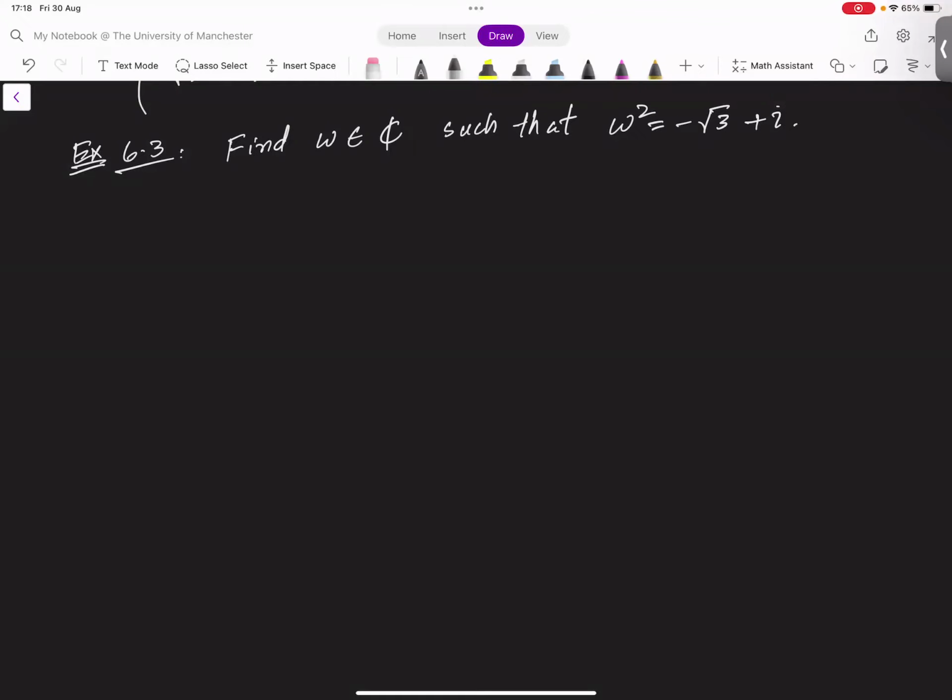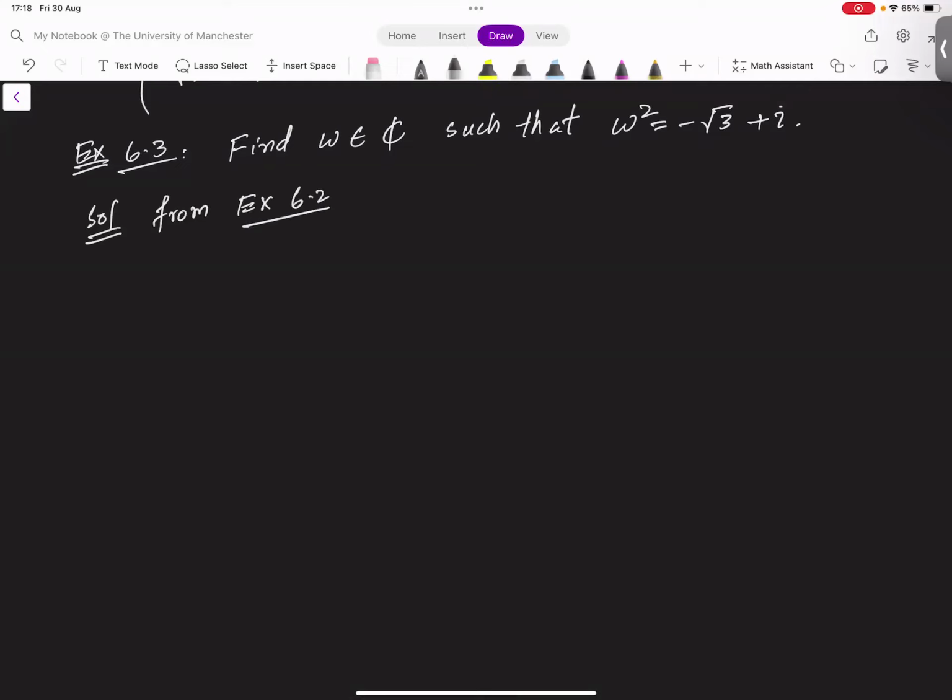Okay. From previous solution, we know this.